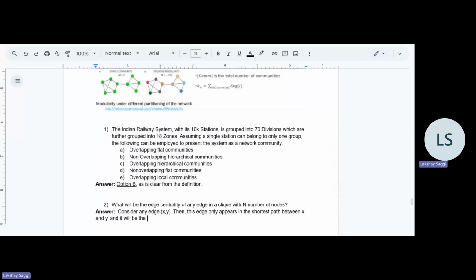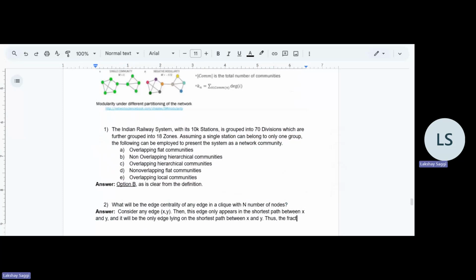It will be the only edge lying on the shortest path between x and y. And so what does this mean? The fraction of shortest paths in which this edge appears for x comma y will be 1, and this fraction will be 0 for all other pairs.